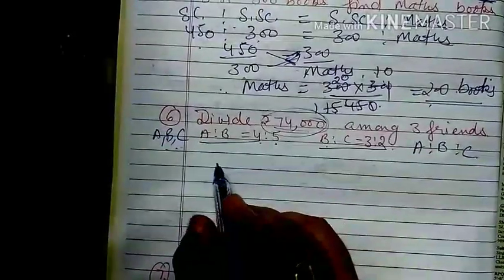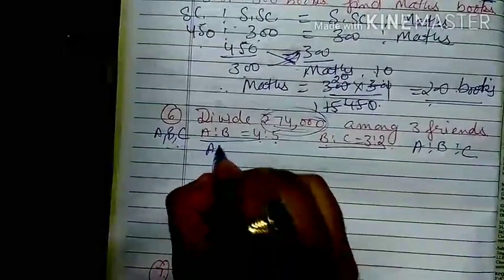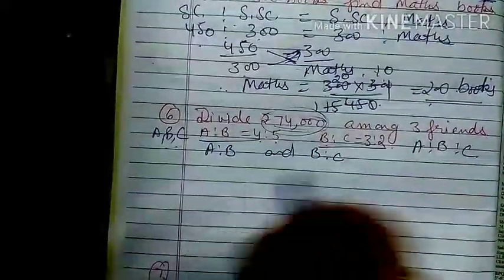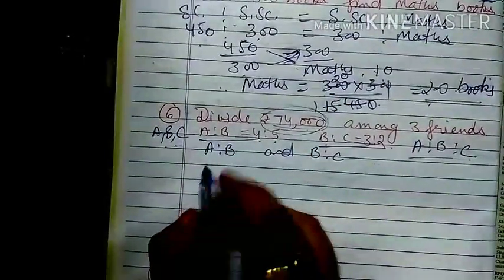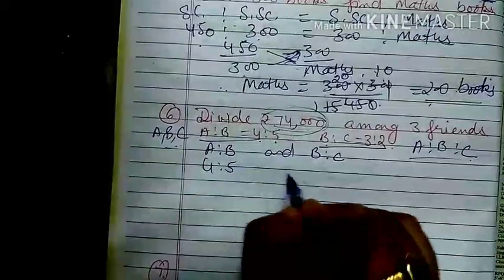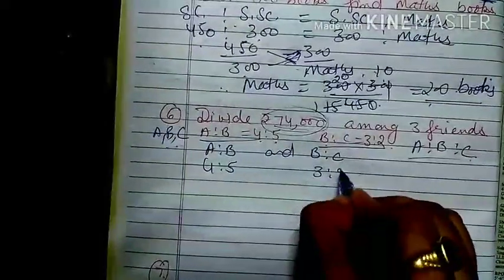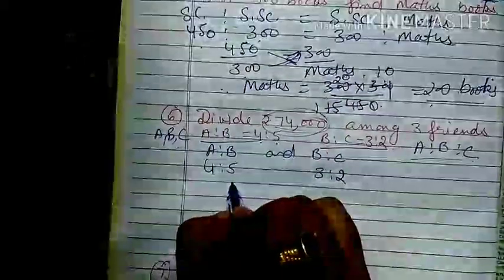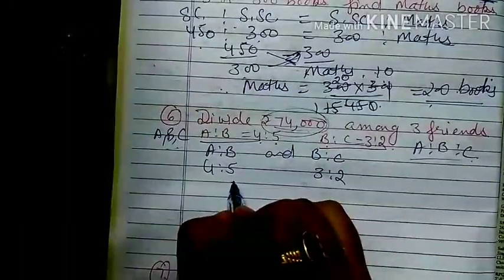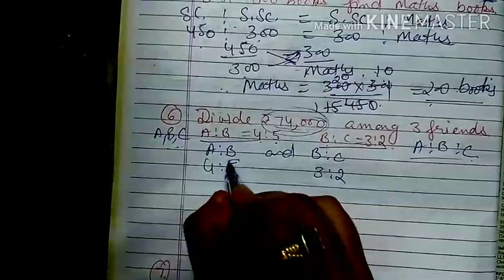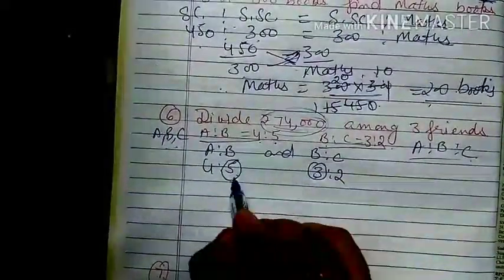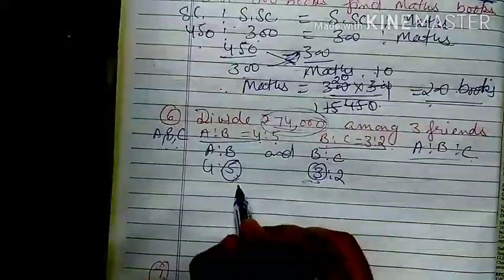For this, we pick A ratio B and B ratio C to make A ratio B ratio C. So that is 4 ratio 5 and this is 3 ratio 2. Now we have to merge the B value, but for merging the B value, it should be the same. Then you have to find the LCM of 5 and 3.